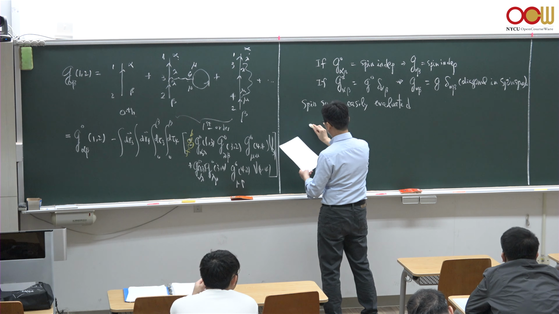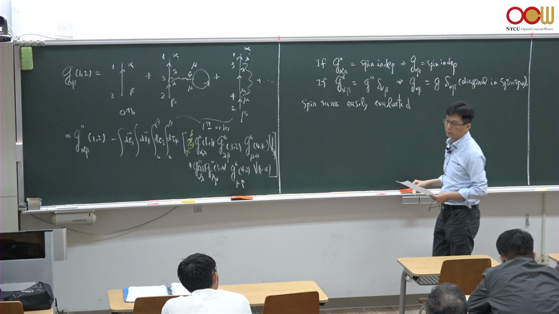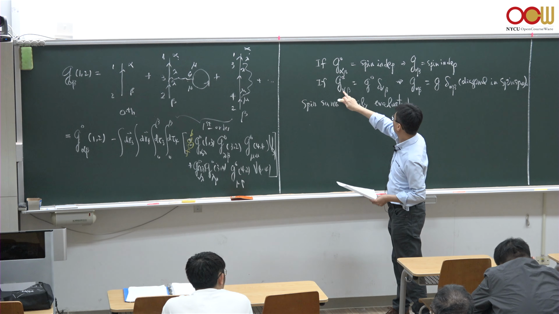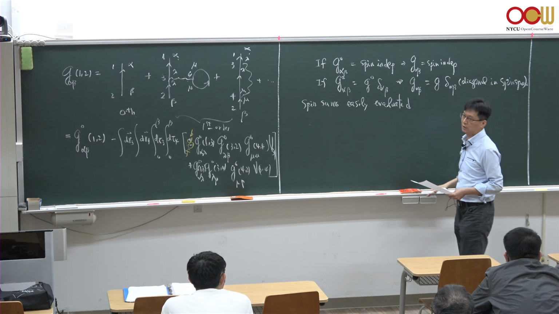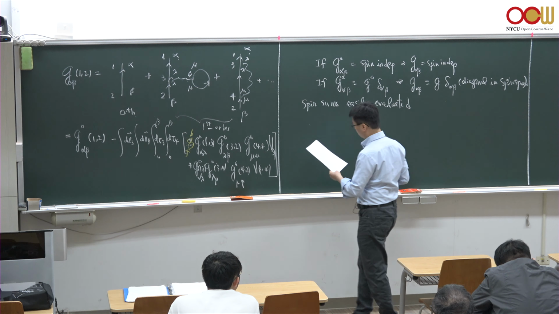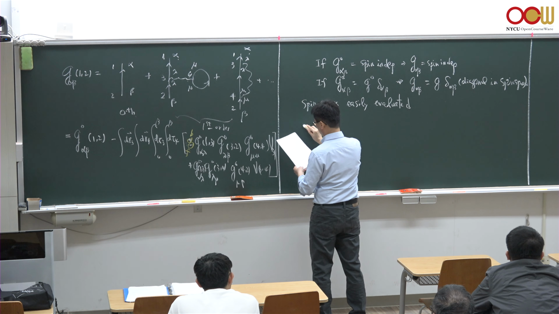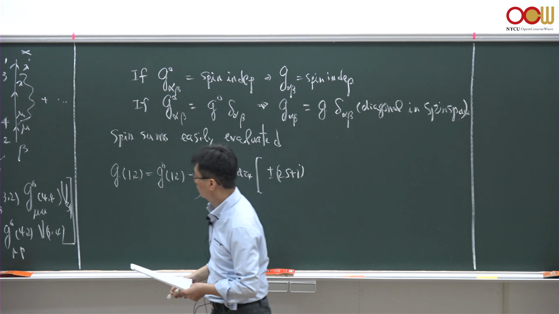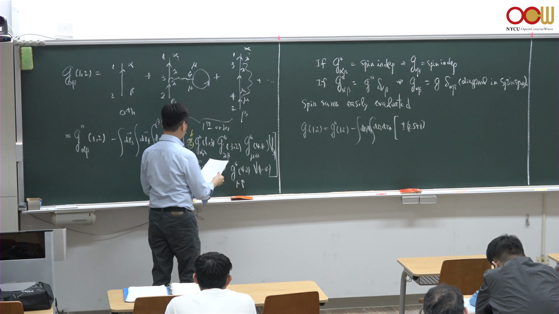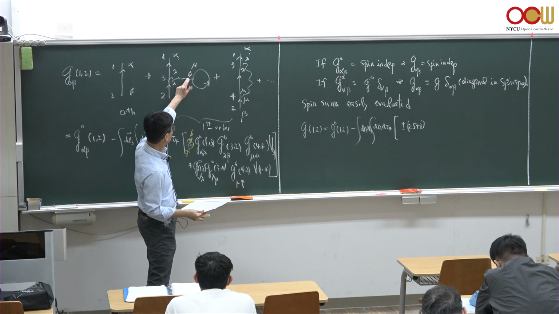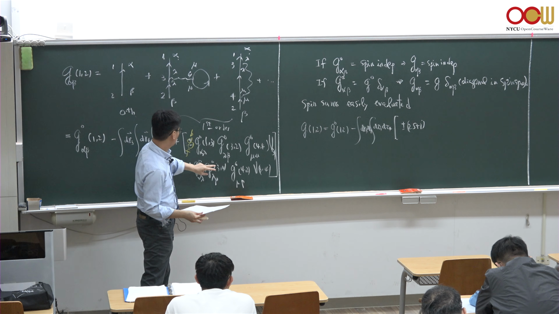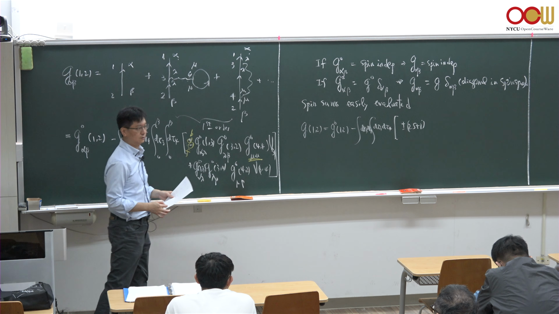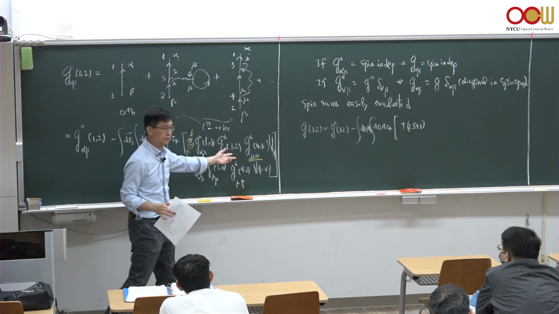So let's do it. Suppose that we simply consider the same-spin propagator. That means G0 alpha beta is simply proportional to delta alpha beta, and you could just sum over all the spin indices. When you sum over the spin indices, you get what? You get 2s plus 1 for the first term, because you need to sum over the spin indices G0 mu mu, where mu is the spin index.